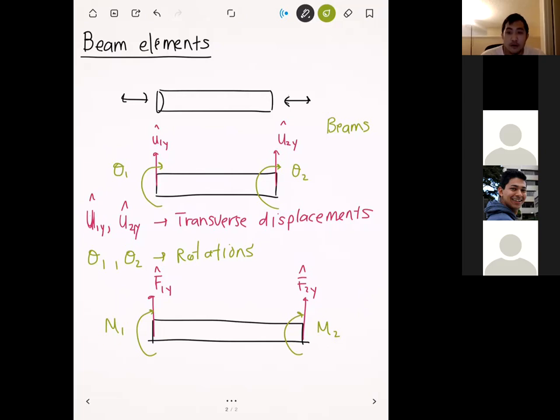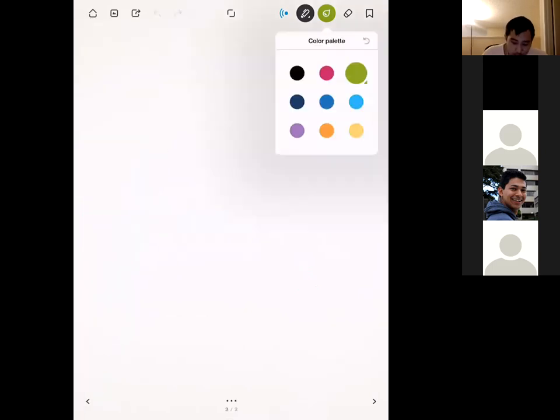The element stiffness matrix for these elements is based on the beam equations, the Euler-Bernoulli beam equations. The equation for that is actually a fourth order differential equation.